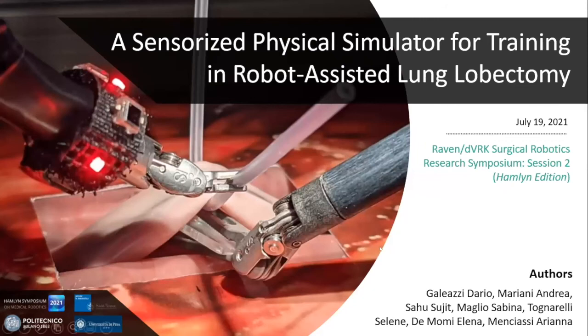I'm Dario Galeazzi, and today I'm here to show you the work my colleagues and I did at the Robotics Institute of Sant'Anna. It is about learning and training with da Vinci. In particular, with our clinical partner, we worked on training for robot-assisted lung lobectomy.